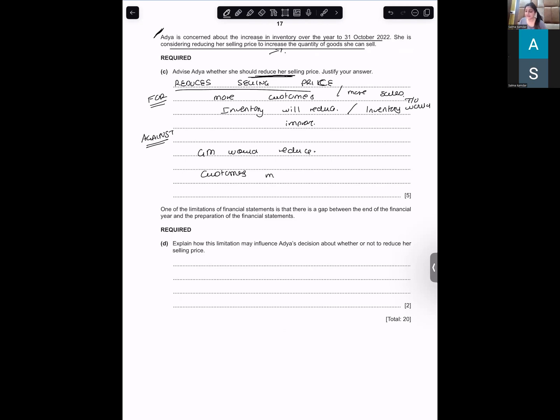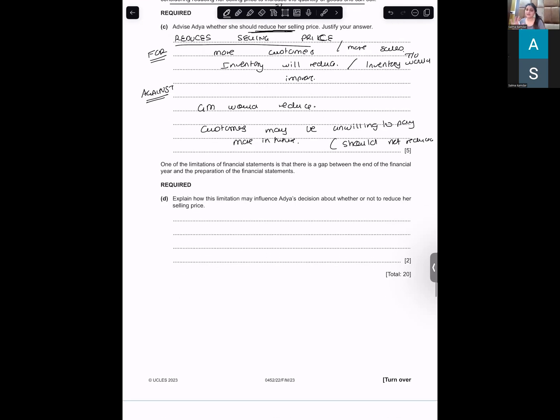Customers may be unwilling to pay a higher amount in future. What is your advice? She should not reduce the selling price. Rather, she could do advertisements. Whatever advice you give, give one suggestion along with it.